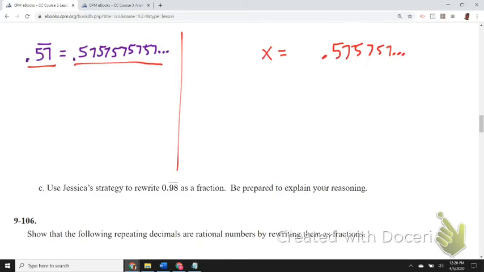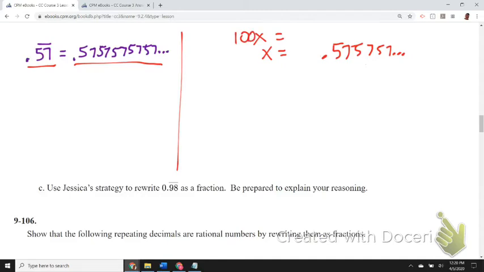Okay, so if I call that x, what happens if I multiply that same x by 10? Well, if I multiply it here on the left by 10, I've got to multiply it here on the right by 10, right? Actually, let's multiply it by 100, not 10.